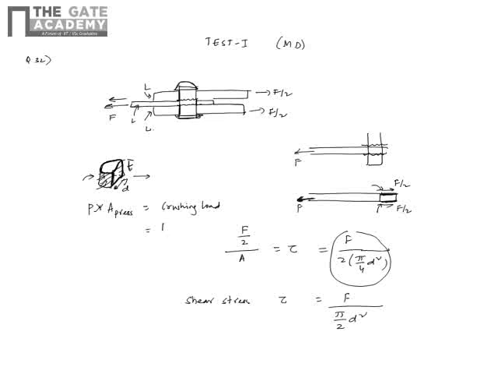And that load is F by 2 for the top plate. So P is my crushing pressure or crushing stress. Projected area is d into L. This is for your top plate.